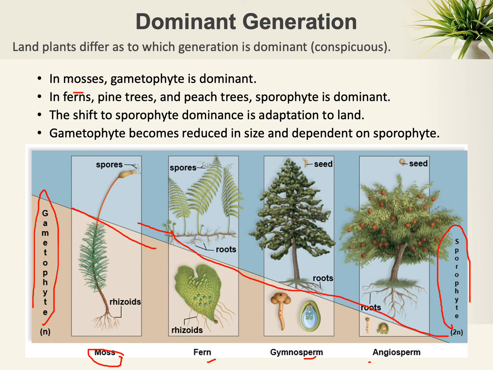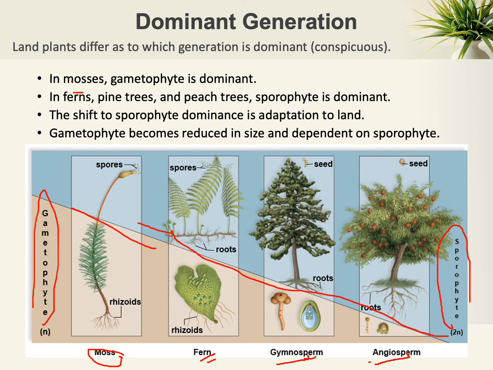In the history of land plants, a vascular system evolves only in the sporophyte. What we can see here starts from the fern to the gymnosperm and the angiosperm. The shift to sporophyte dominance is an adaptation to life on land.